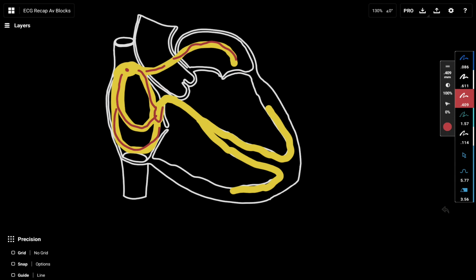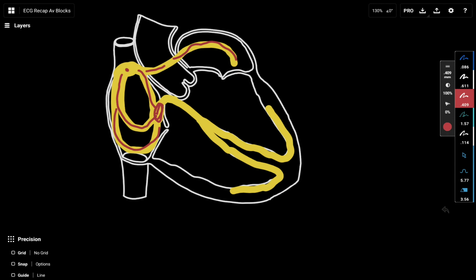So from this point here at the AV node, these cells get slower, and then suddenly they just stop conducting all of a sudden. What can cause that? Sometimes drugs like beta blockers or calcium channel blockers, digoxin, amiodarone, and all the rest can cause this phenomenon.